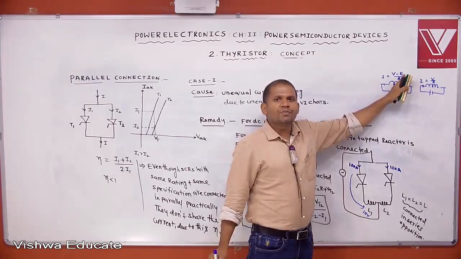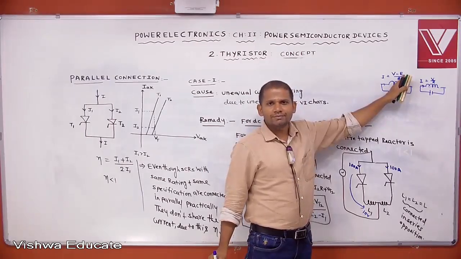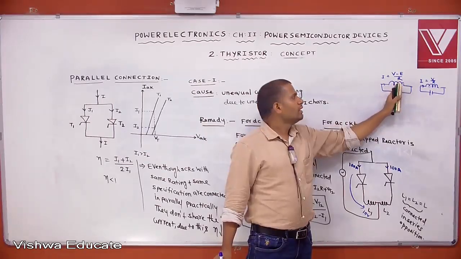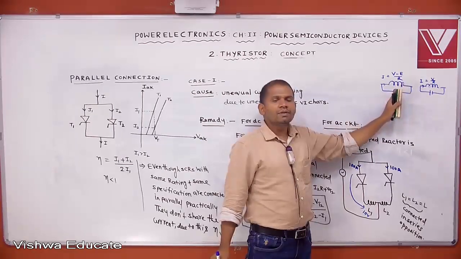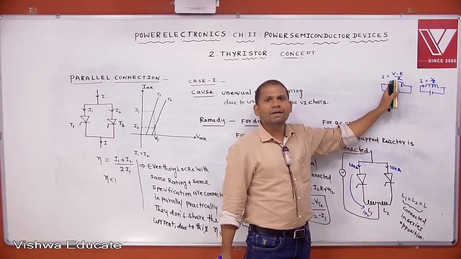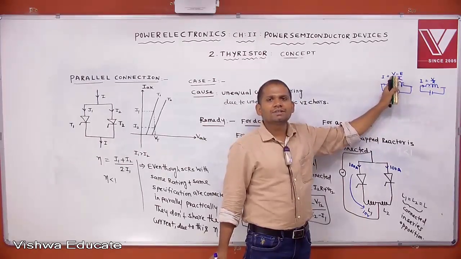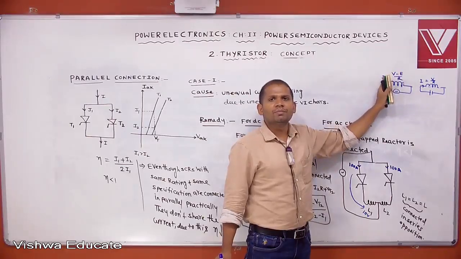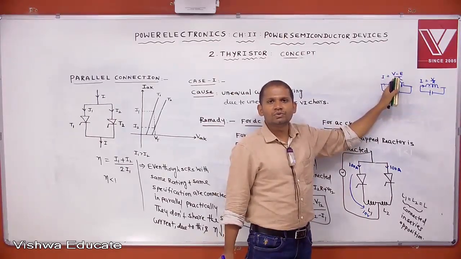That induced EMF is called statically induced EMF, because according to Faraday's law, the conductors are stationary and the flux is variable. Because of alternating current, we get alternating flux.